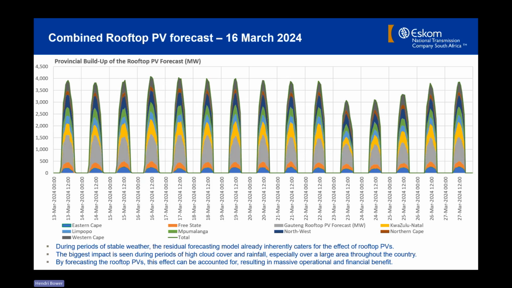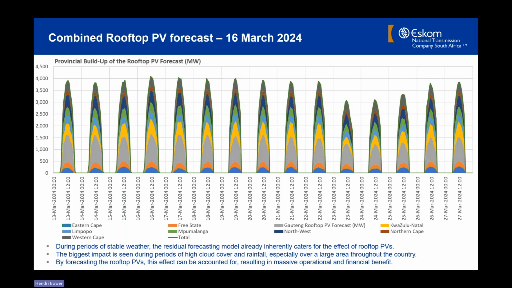But cloud cover can have a significant deviation on what's happening with the rooftop PVs. So by having a forecast available, and I think this is something that will require some future work at a more granular level, it creates that benefit of being able to see what's going to happen in the next few days so that you can plan accordingly.